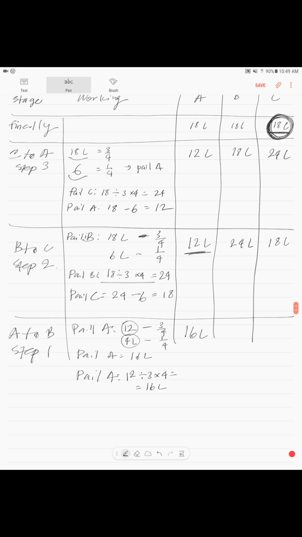16 liters, okay? Now pail B. We just put this 4 liters back, so we take it from pail B. So pail B had 24 liters minus 4 liters, 20 liters, and pail C is the same, 18 liters. That's your answer right here: 16 liters, 20 liters, 18 liters.